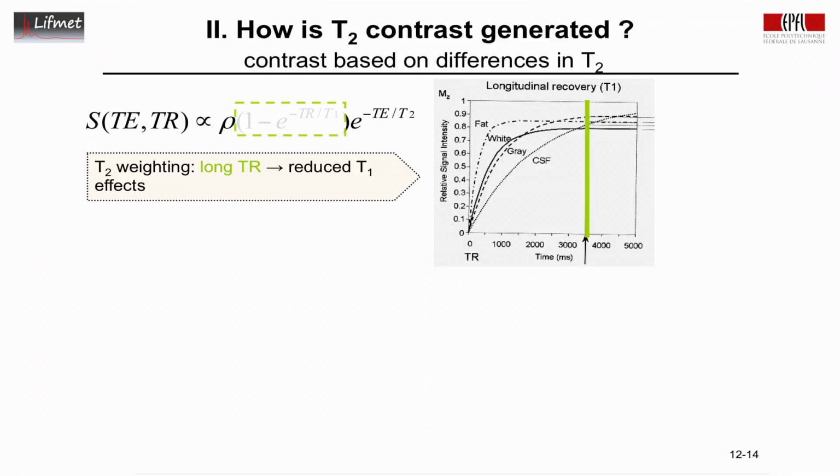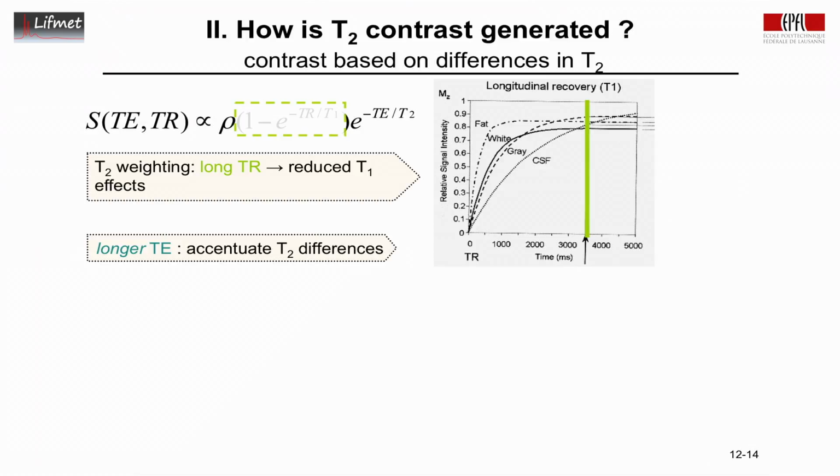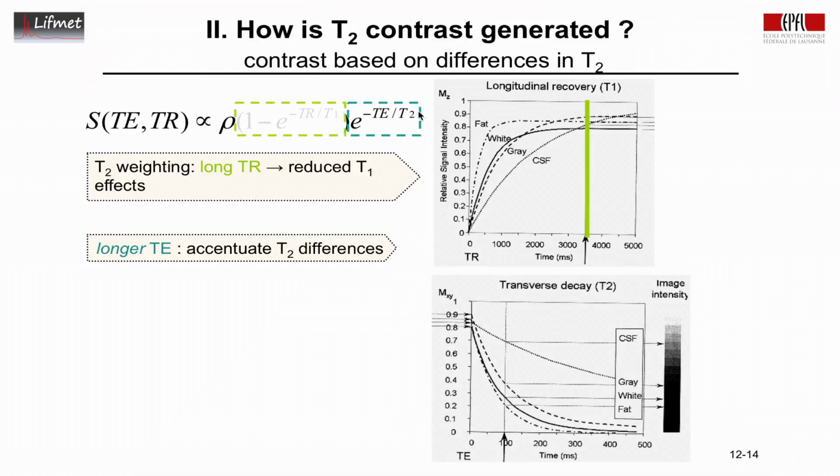Now to measure the effect of T2, one does not want to measure at a short TE because there the tissues don't differentiate. One wants to use a longer TE to accentuate the differences in T2. So that's this term here. We want to accentuate the differences here. We've pretended that this term is 1 and we don't need to consider it. So we'll just use a particular T2.